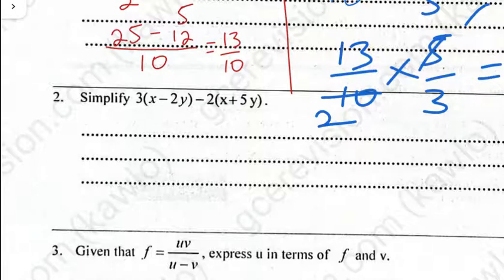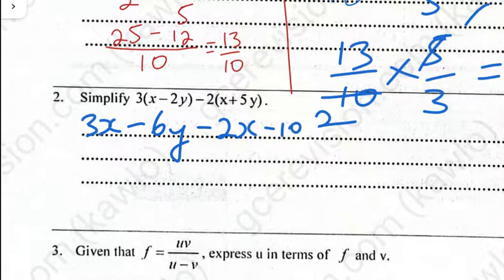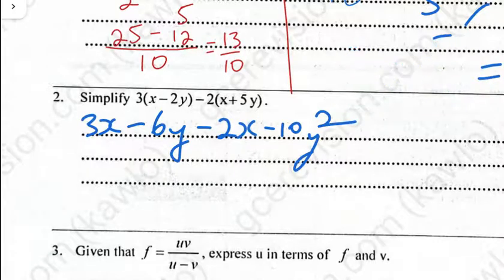So we have 3 times x, that is 3x. 3 times negative 2y is negative 6y. Negative 2 times x is negative 2x. And negative 2 times plus 5y is negative 10y.